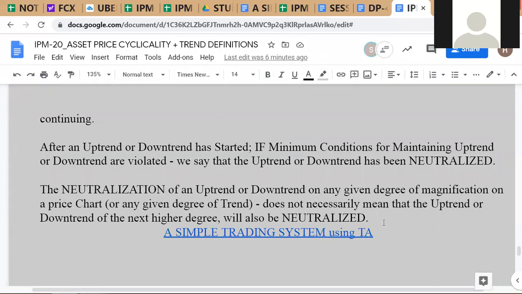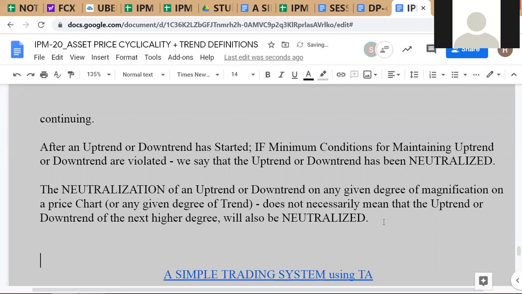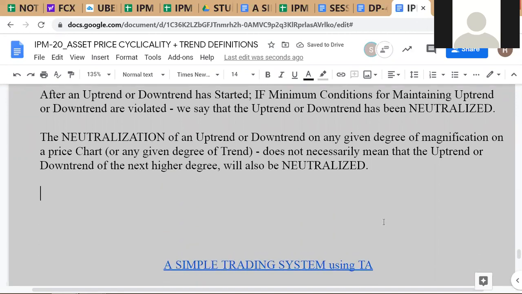So before we come to this simple trading system, we can see quickly.